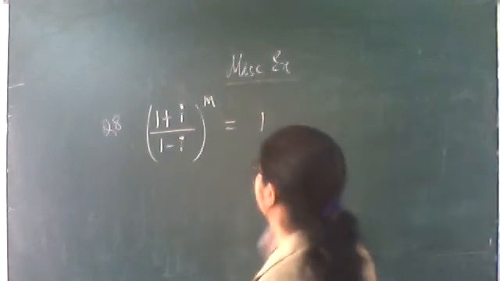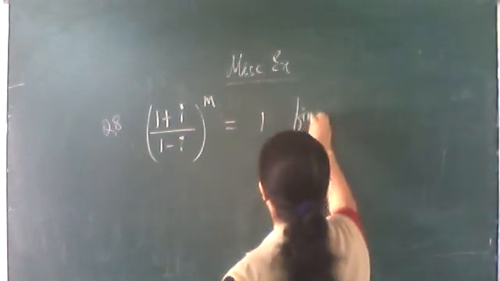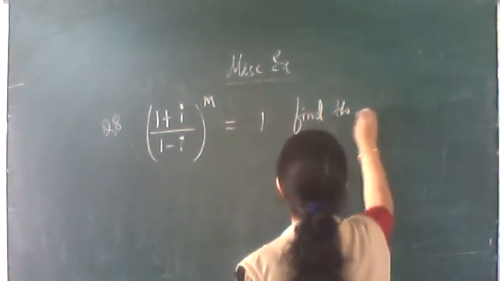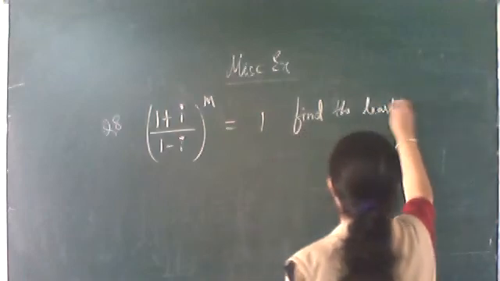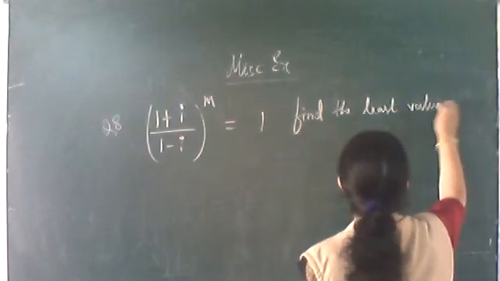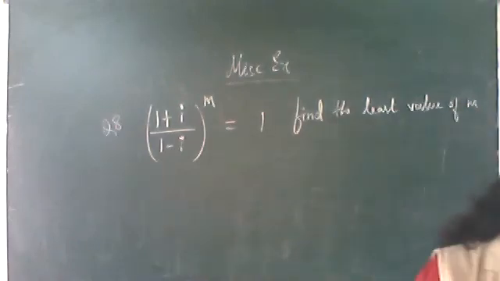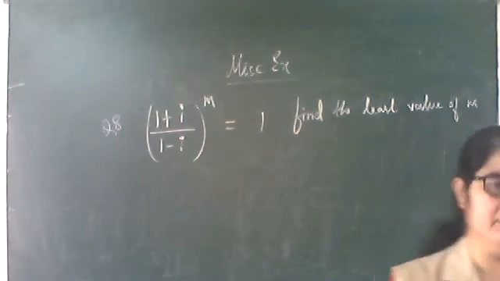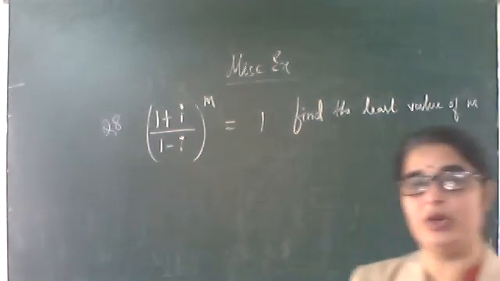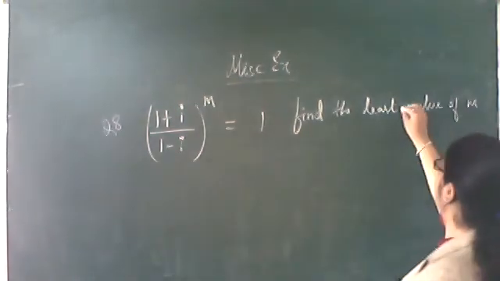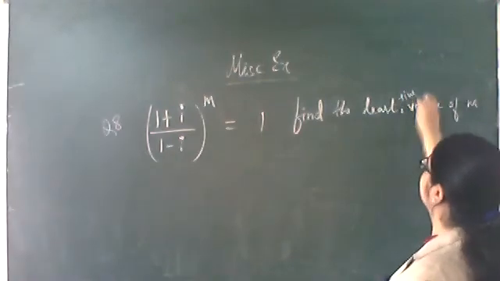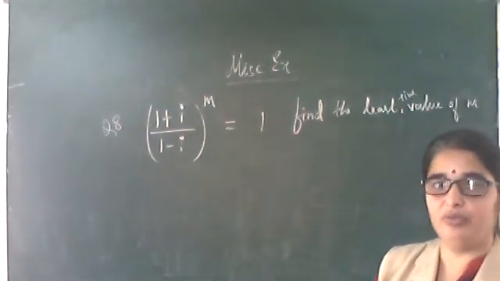Now what they are saying: find the least value of m. Clear? Least means least positive value. Least positive value of m you have to find.